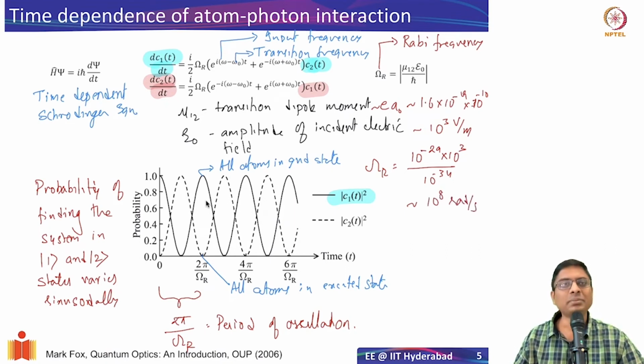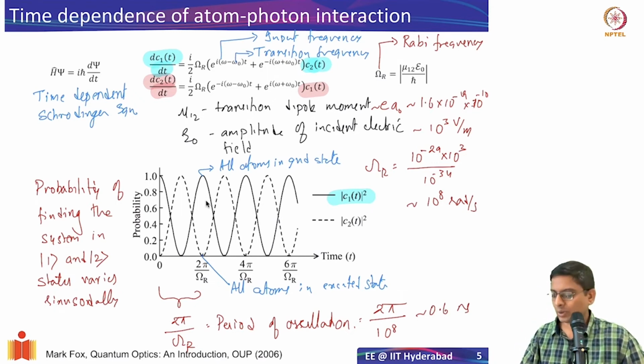That is my typical Rabi frequency in radians per second. So what will be my period? My period of oscillation will be 2 pi by, let's say, 10 power 8. 2 pi is 6.4. So 10 power minus 8. So in this case, it will be 0.6 nanoseconds. The interesting thing is, what happens to this frequency as you change the amplitude of the electric field?